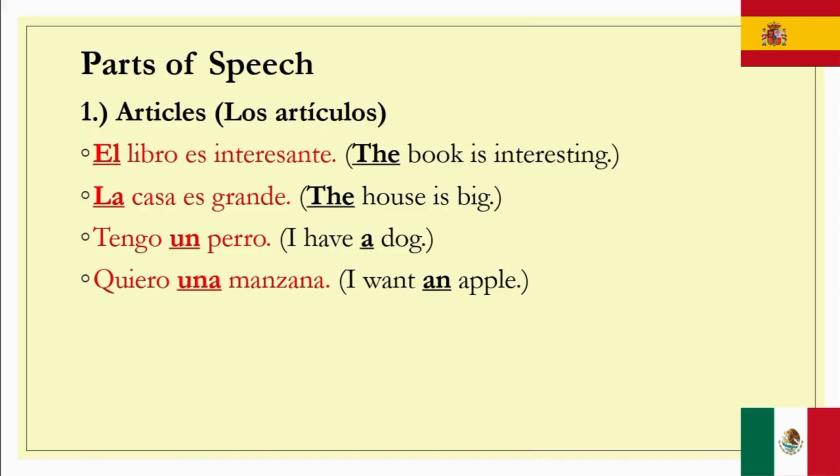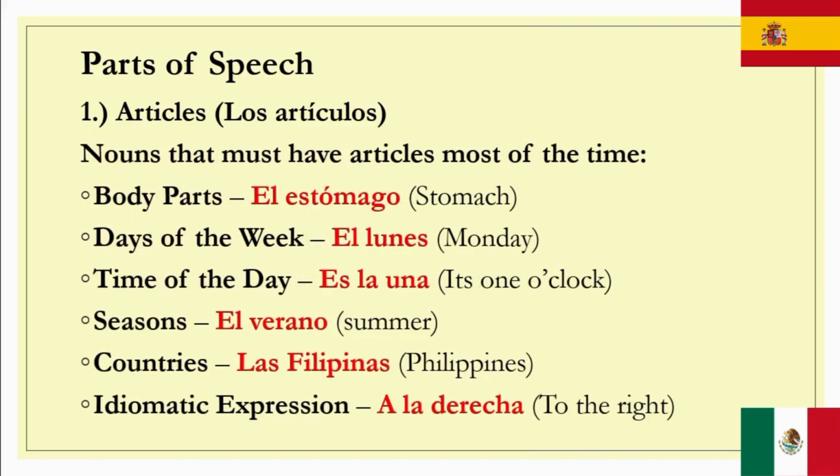I have a dog. Tengo un perro. If you want to say I have dogs, you can say tengo unos perros. I want an apple. Quiero una manzana.